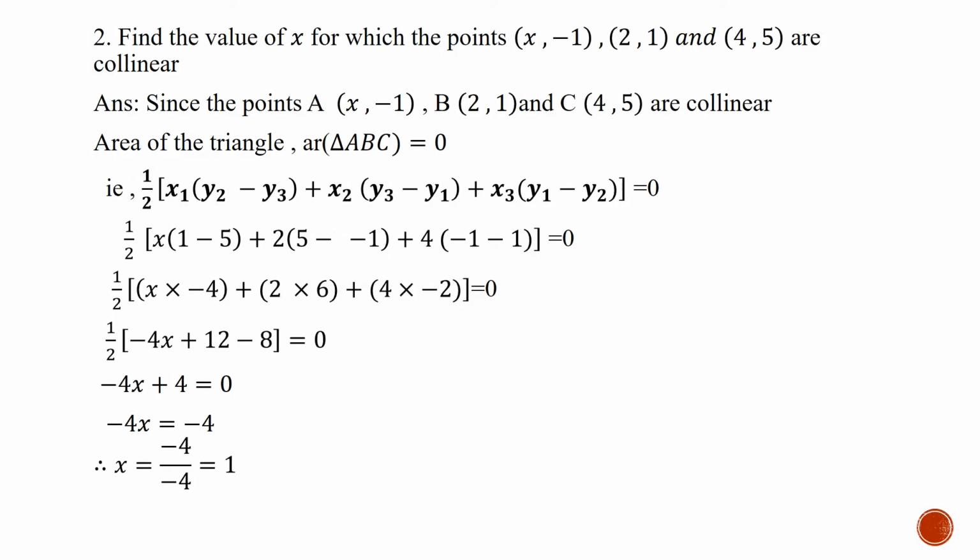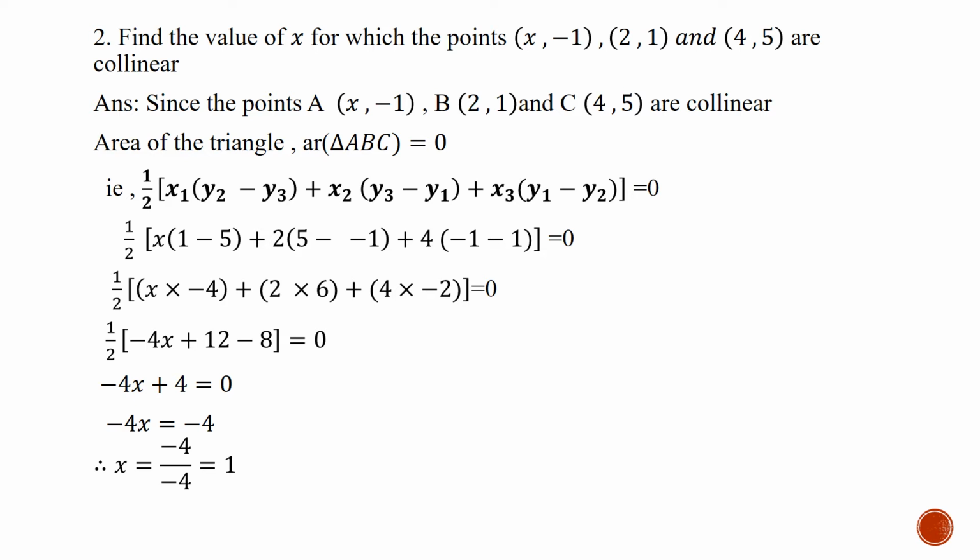Question number 2. Find the value of x for which the points (x, negative 1), (2, 1) and (4, 5) are collinear. Here it is given the points are collinear. Therefore, we can say area of the triangle will be equal to 0.